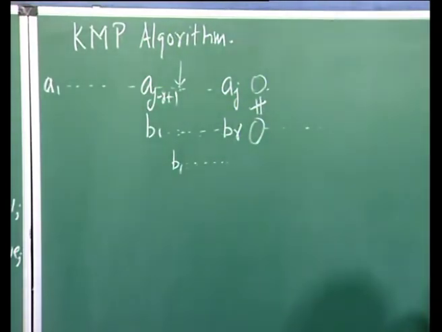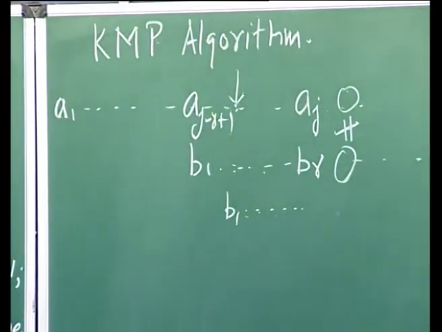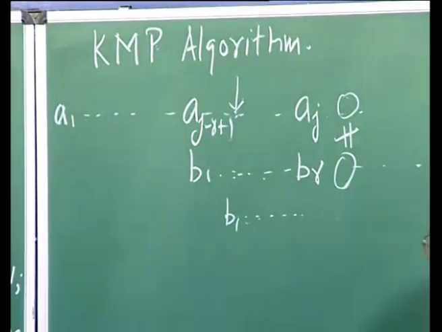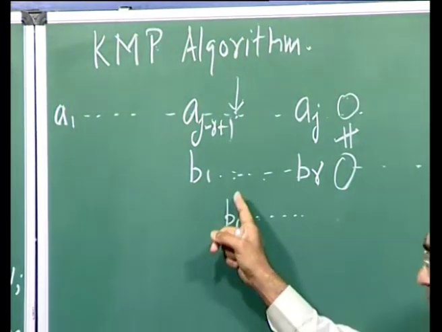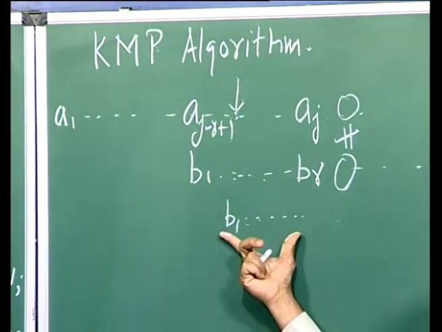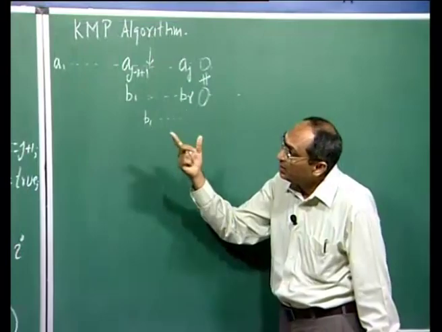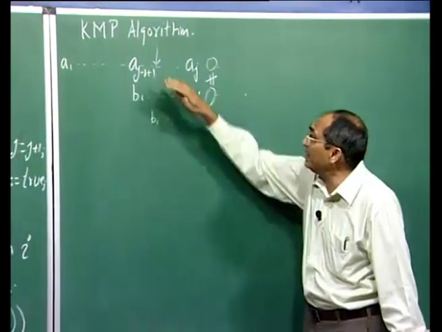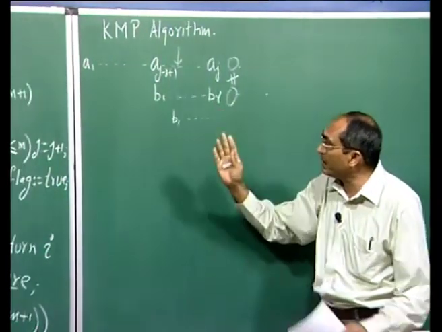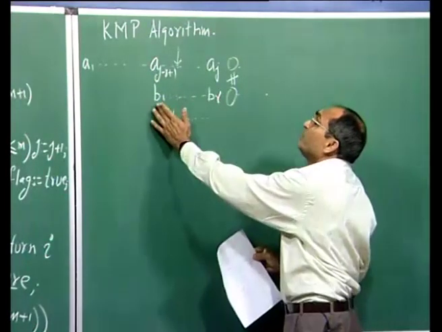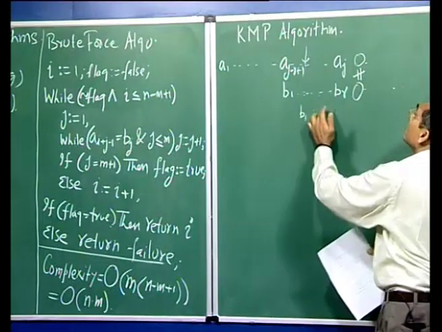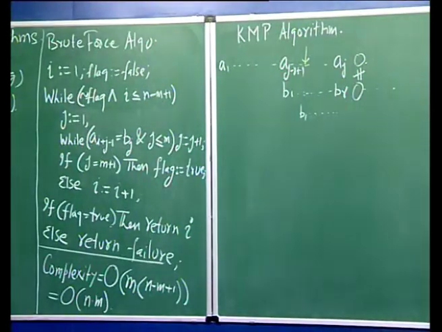Now, clearly this test, of course, after that we will worry about the next symbol, but up to this point, whatever we want to know is information which is exclusively available by analyzing the pattern string alone. We do not really need to know what this is. We can very well ask the same question just looking at the pattern string and say, is B2 equal to B1, is B3 equal to B2, and so on, BR equal to BR minus 1.